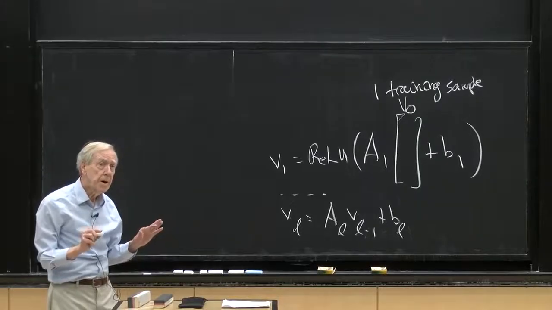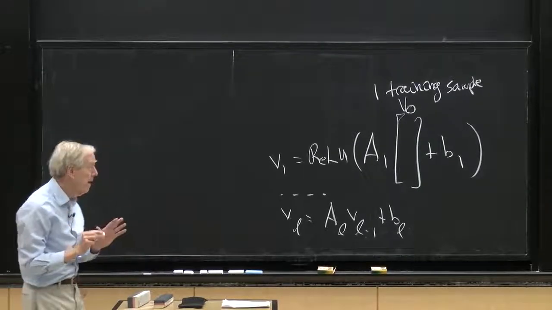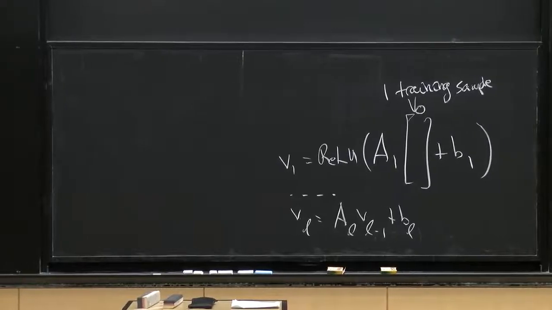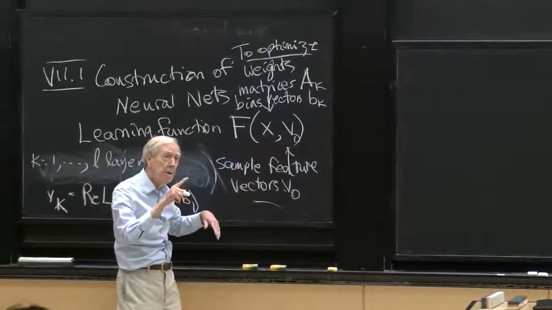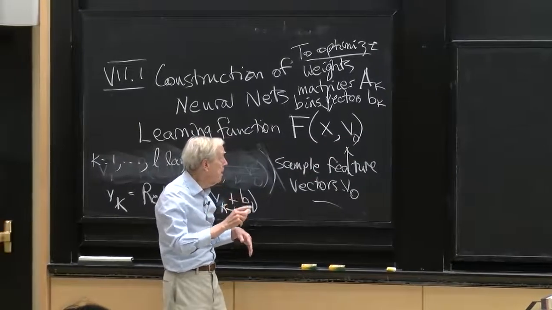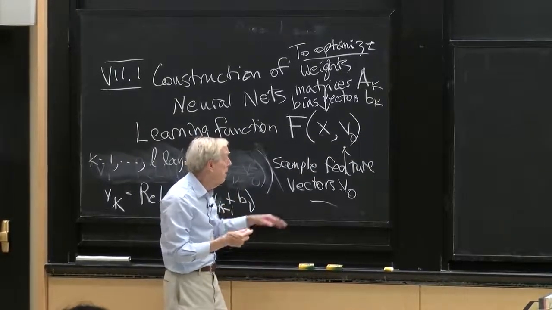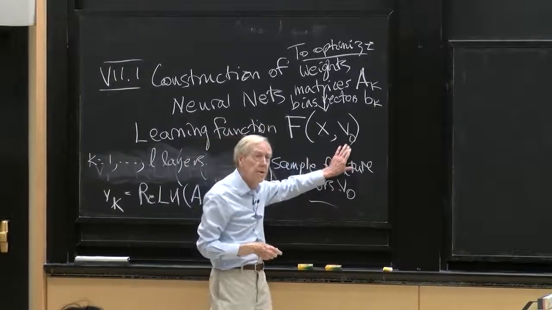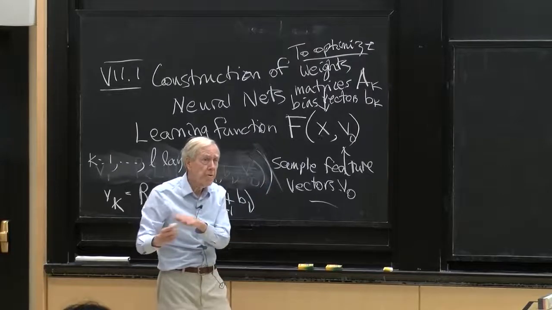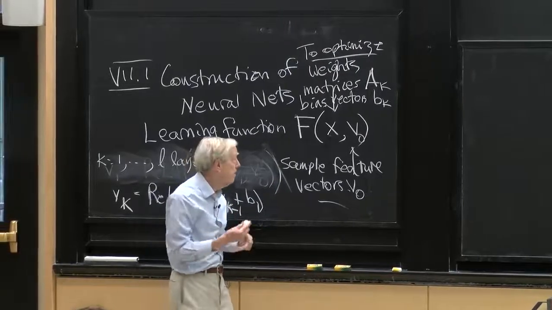So that picture is clearer for me than it was previously, to distinguish between the weights. In the gradient descent algorithm, it's these x's that you're choosing. The v's are given by the training data. That's not part of the optimization.